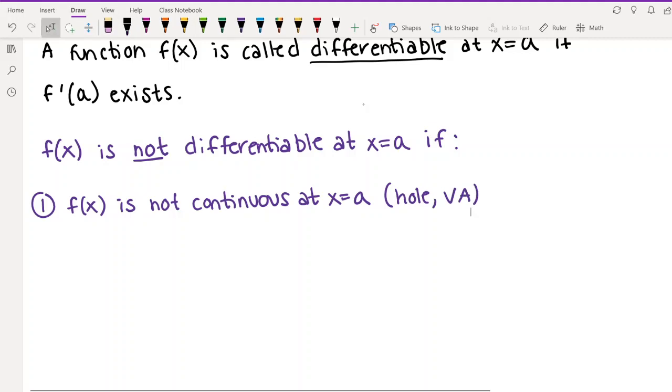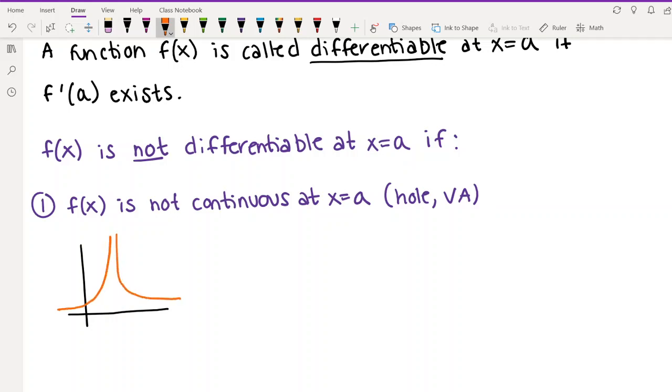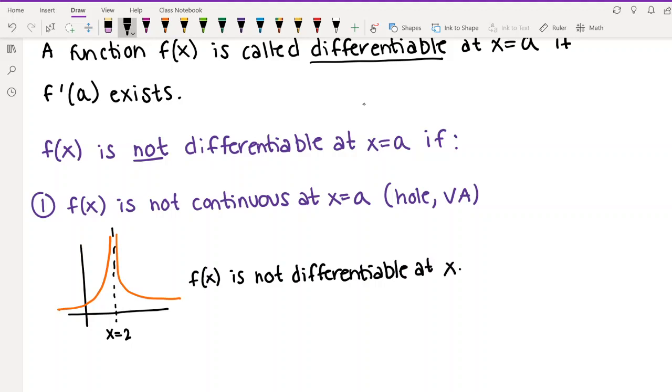So just to sketch a quick example, if you had a function that looked like this, and let's say that this vertical asymptote happened at x equals 2, this function is not differentiable at x equals 2.